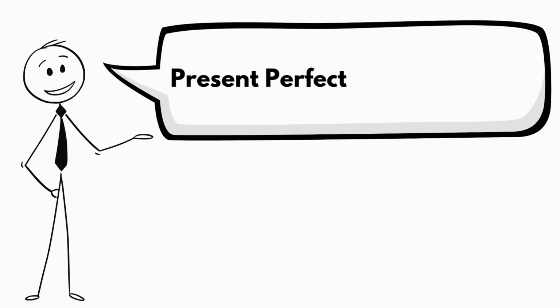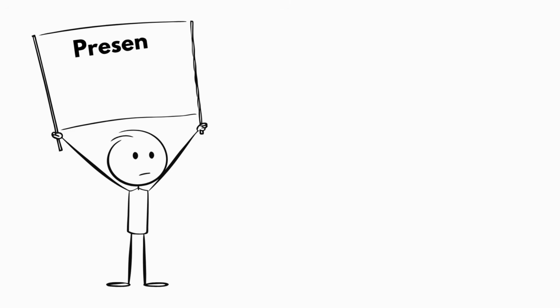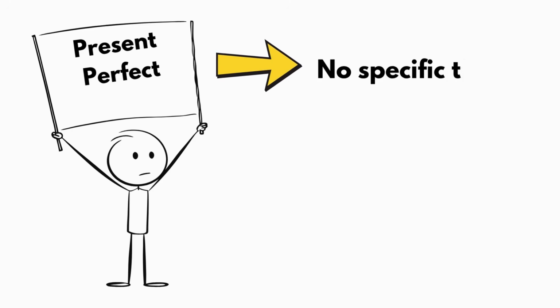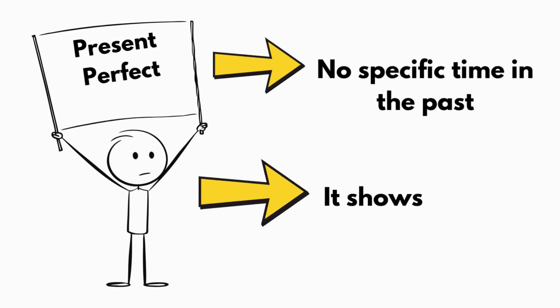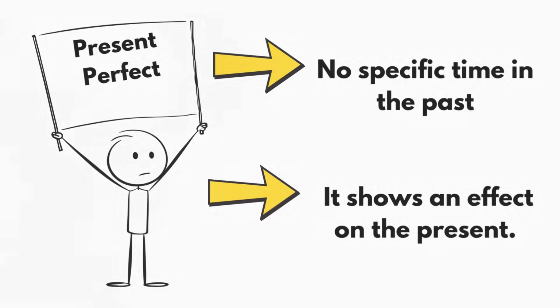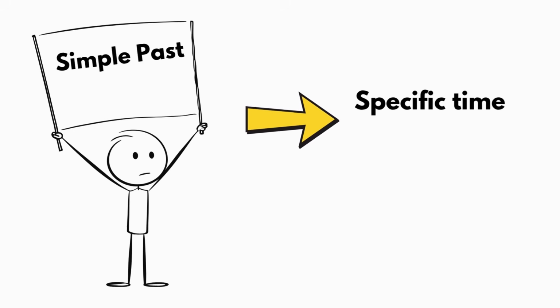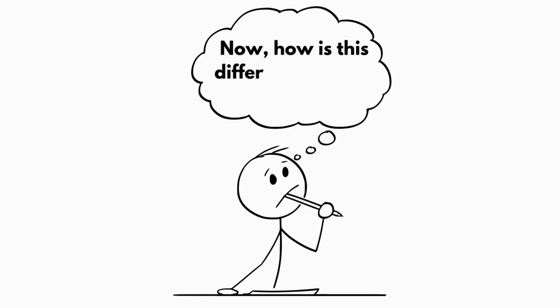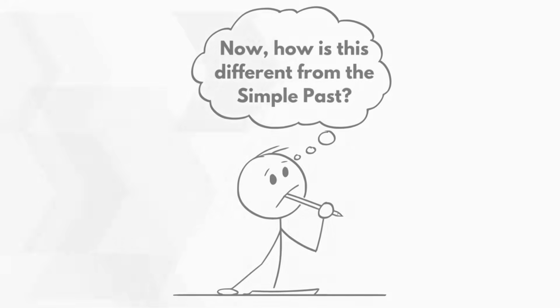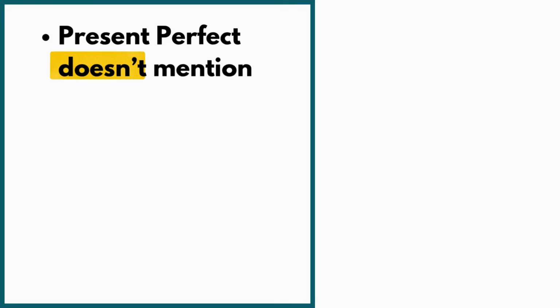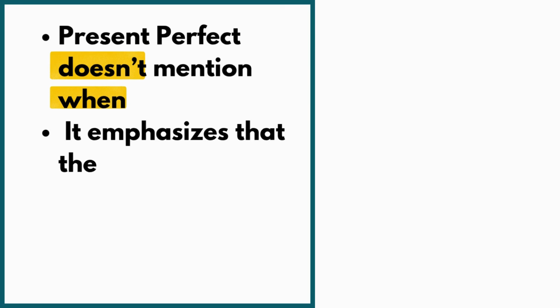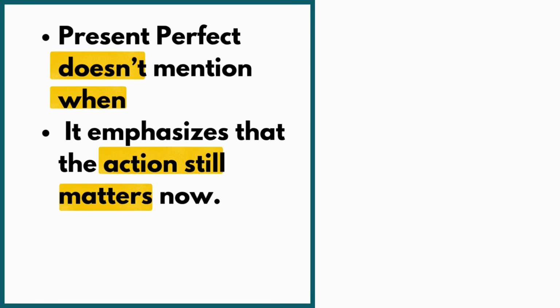Present perfect versus simple past. Present perfect. No specific time in the past, but it shows an effect on the present. Simple past, specific time in the past. Now, how is this different from the simple past? Present perfect doesn't mention when. It emphasizes that the action still matters now.